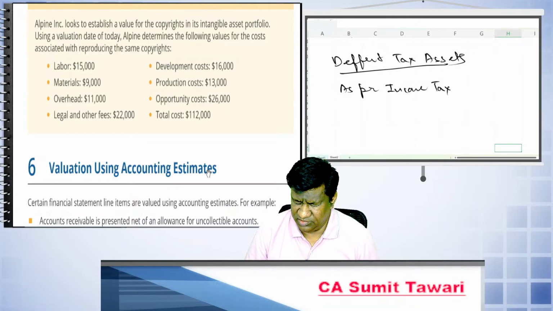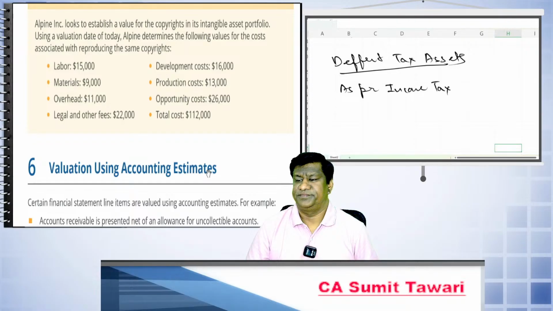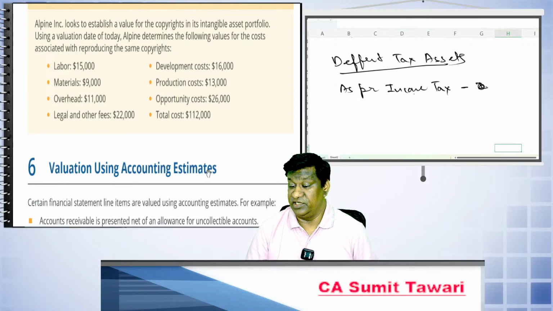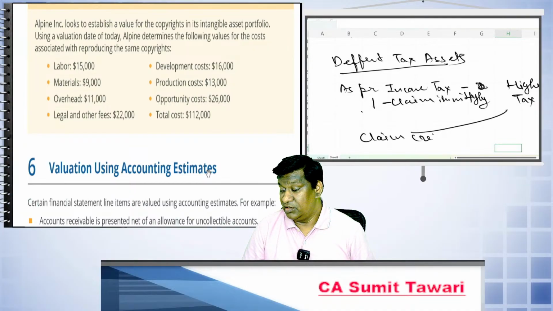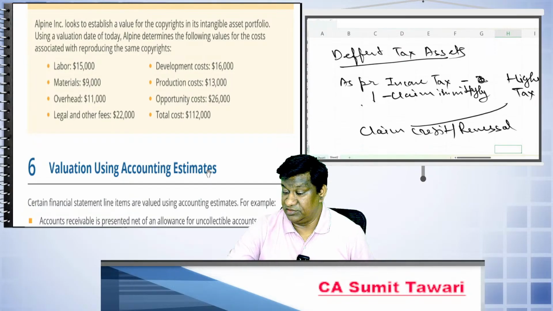Okay, if you are paying higher tax, or there is a certain income or certain expenses which you can postpone, which you cannot claim immediately, and because of that reason you are paying a higher tax, and subsequently you are going to claim the credit or reversal in the next year or subsequent year.